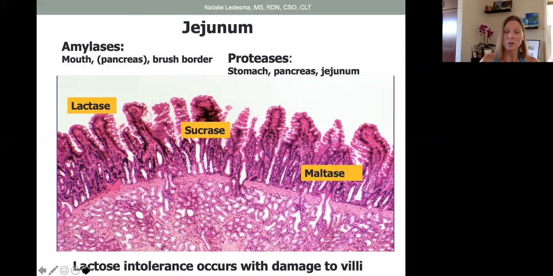And when that occurs, number one, that is going to diminish our surface area across the board. So no longer do we have a tennis court, now we're going to get a much smaller surface area. That's going to negatively affect how well you can digest, absorb, and assimilate your nutrients. But secondly, I want to point out that the lactase enzyme typically sits at the tips of the intestinal villi.